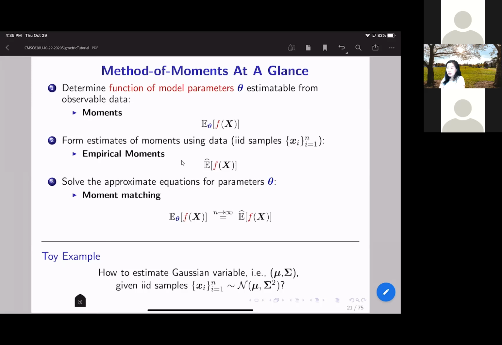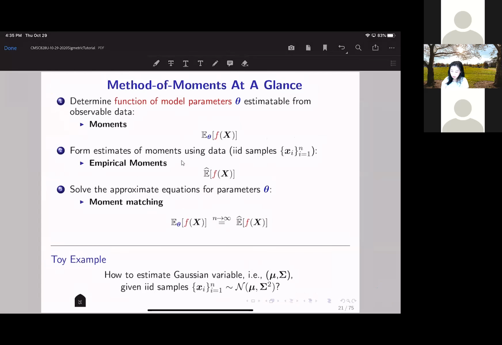Essentially, because you have an underlying model, this is a parameterized approach, you have a hypothesis class H in mind.